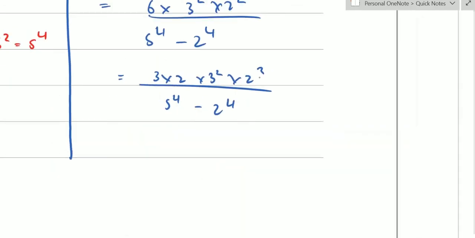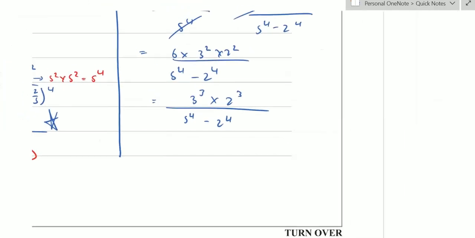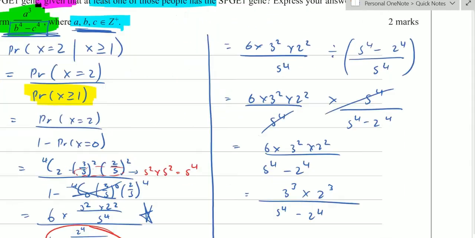So if we multiply it through, we get 3 to the 3 times 2 to the 3, and we're left like this. But again, it's not yet in that form.